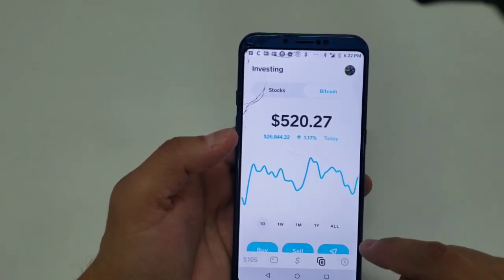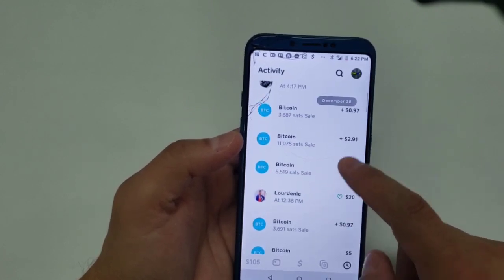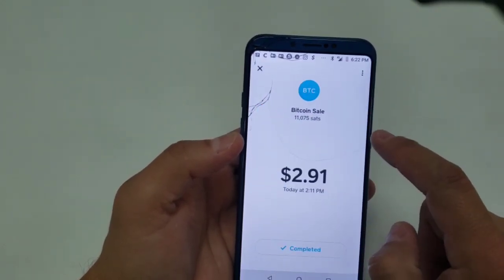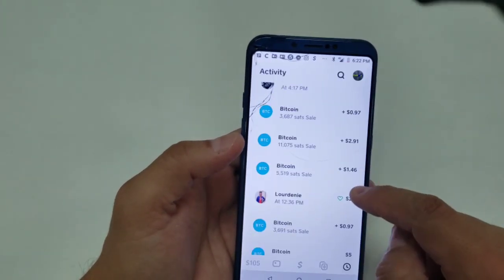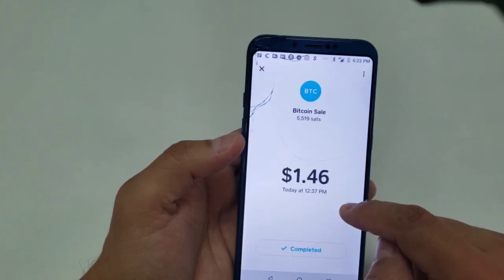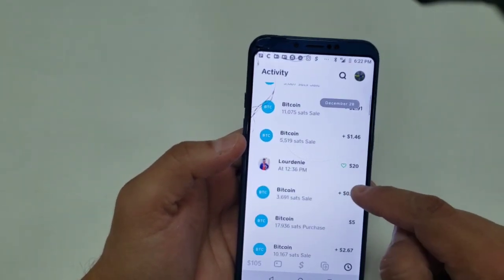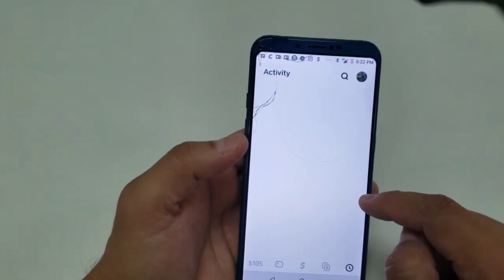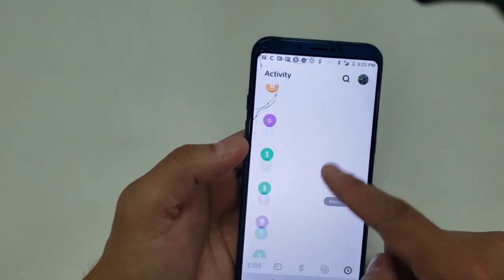Let's just keep an eye on here. Let's actually take a look. So let's say, for example, I just did 97 cents at 2:11. I sold 2.91 at 2:11. At 12:37 was $1.46. Sorry, I hate when it does that.